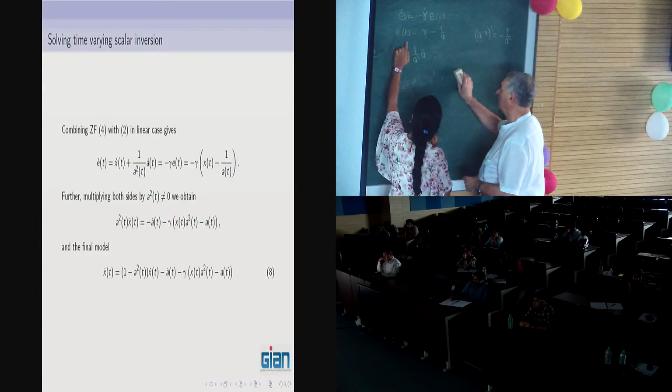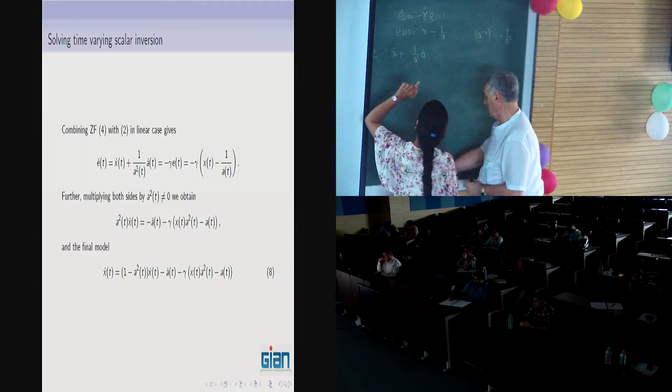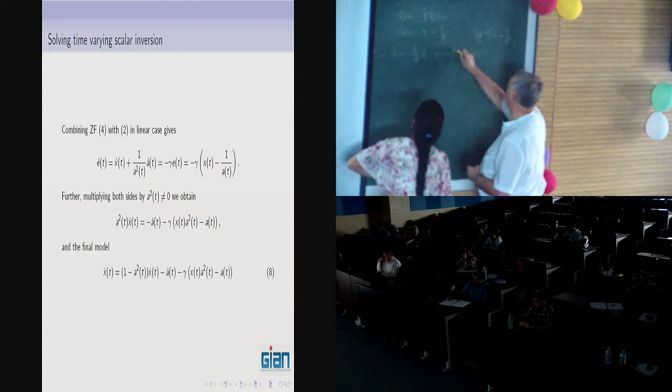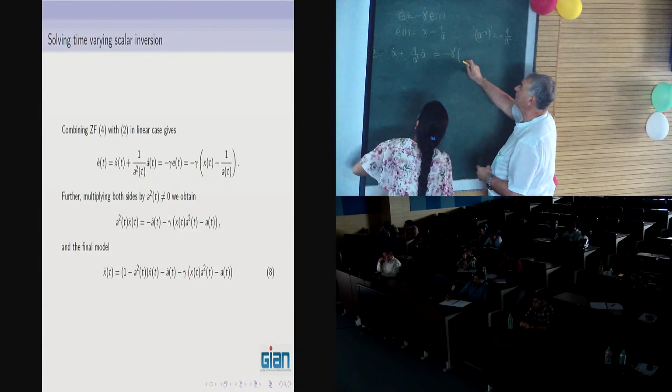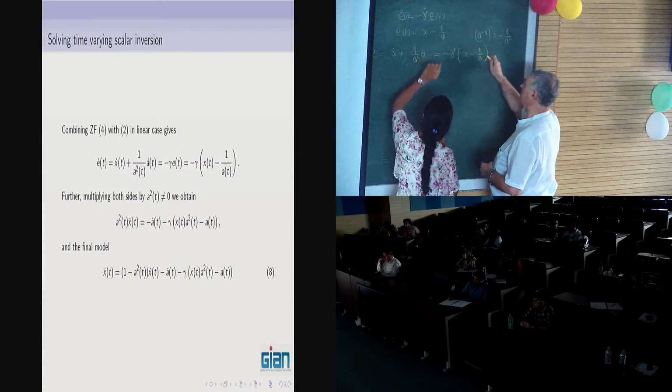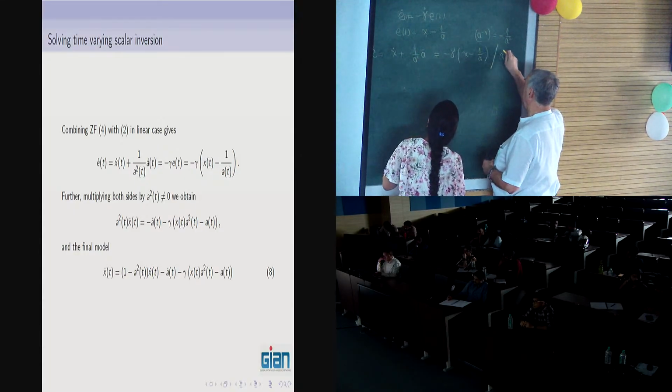T is equal to... sorry. Equals minus gamma x minus 1 by a. Multiply by a square.